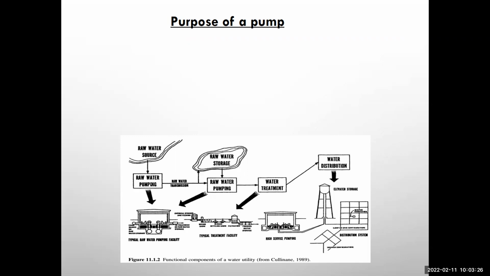If you remember the energy equation, we always added the pump head and we deducted the turbine head. That's because a pump adds energy to the system and a turbine takes away energy from the system. We will discuss that today.